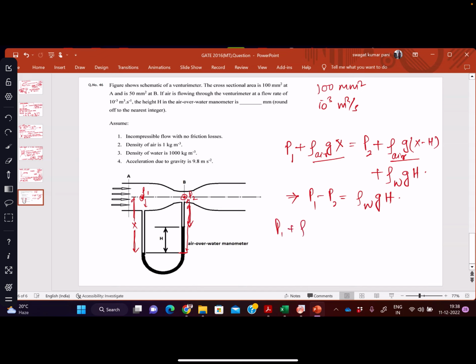Let's open it up. Okay, so you get this. This is the first part.